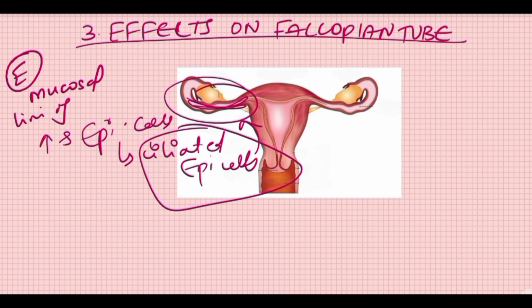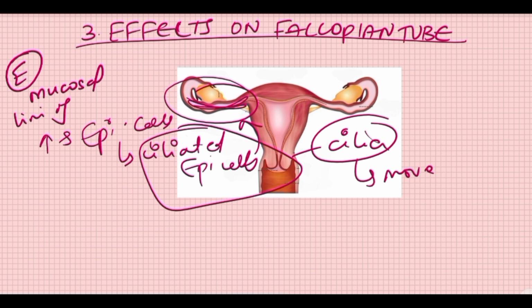This increases the activity of the cilia to facilitate the movement of the ovum in the fallopian tube and enhances the proliferation of glandular tissues in the fallopian tube.